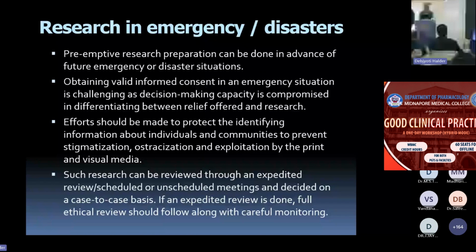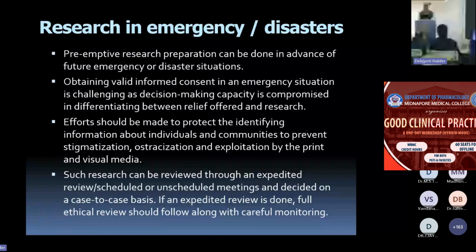Research in emergency disasters. Okay. The COVID pandemic has taught us many things about the need for research in difficult circumstances and how it should be done. And the ICMR guidelines specify some of these elements.